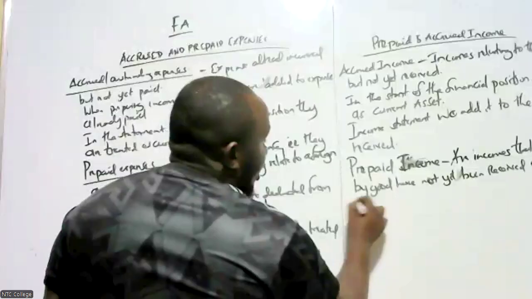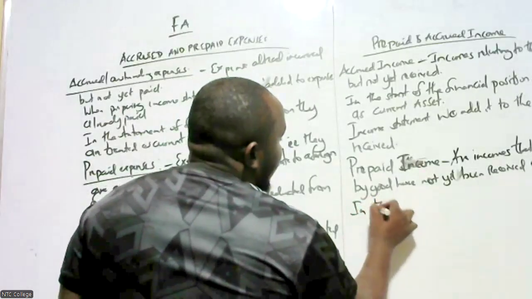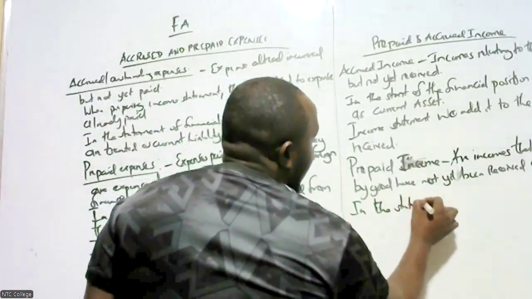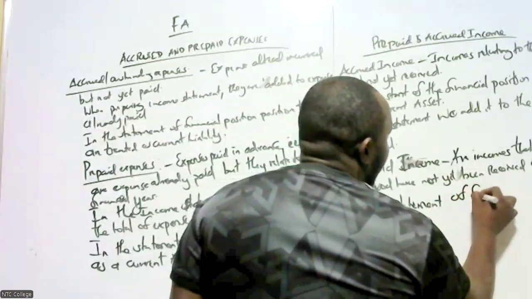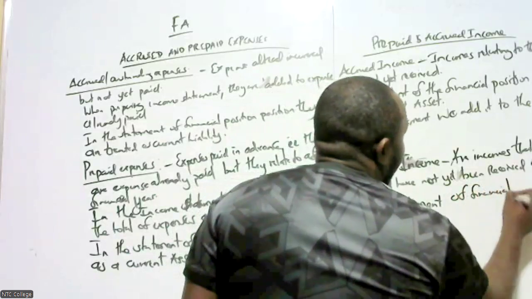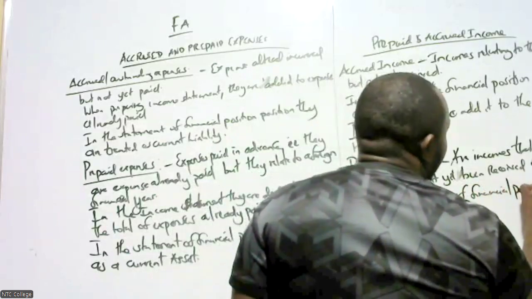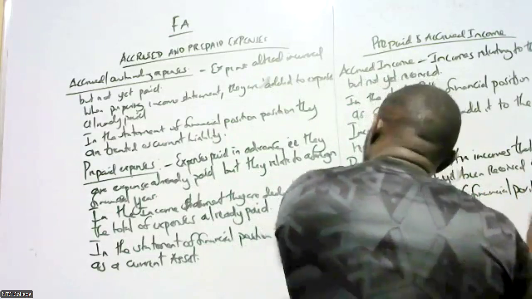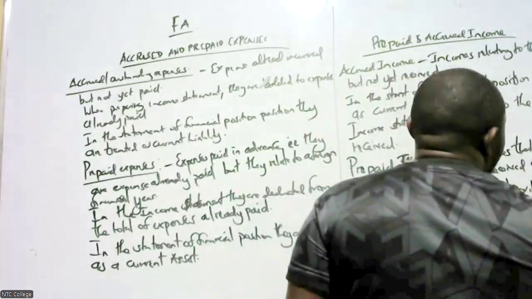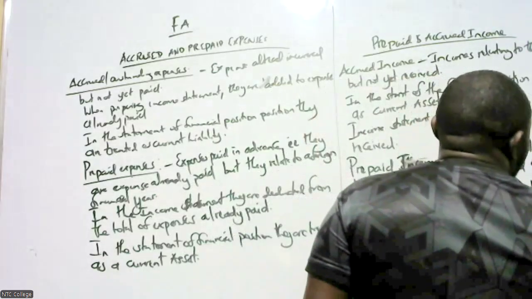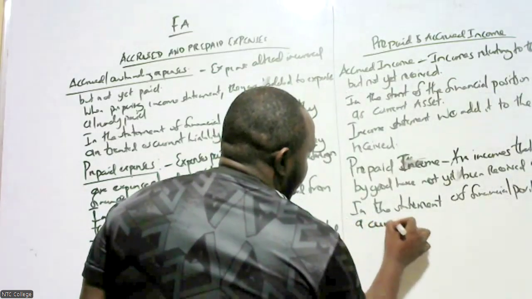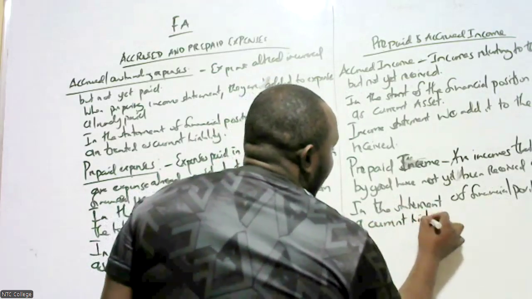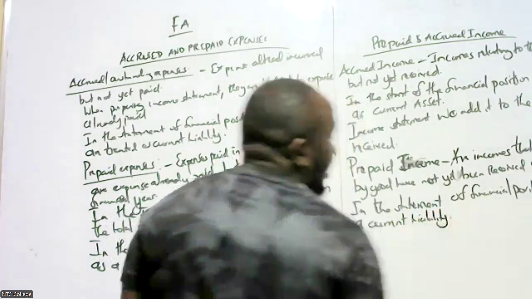Then you say in the statement of financial position, we treat it as a current liability.